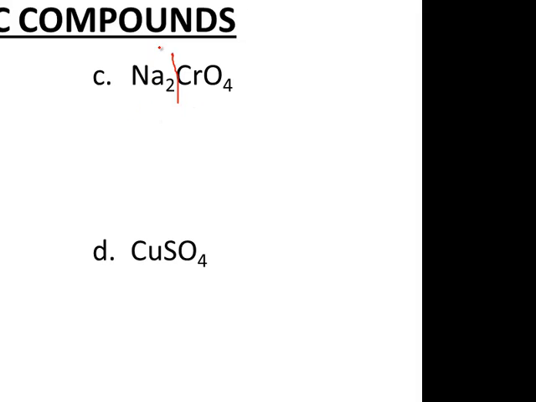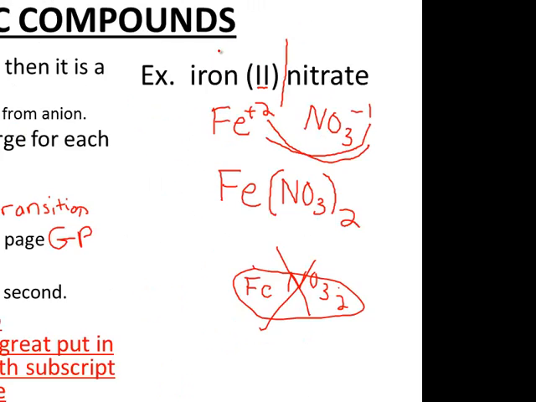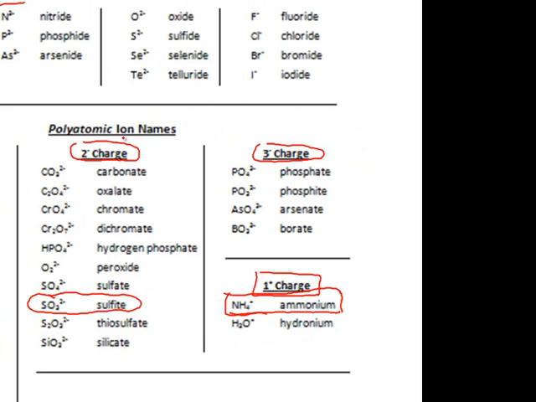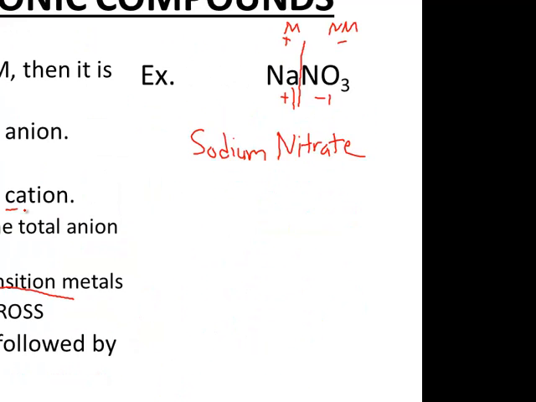Alright. Na2CrO4. We have our sodium, the plus, and the chromate here. Chromate, CrO4 with a -2 charge, not dichromate, that's a little bit different, is going to be the one that we look to.